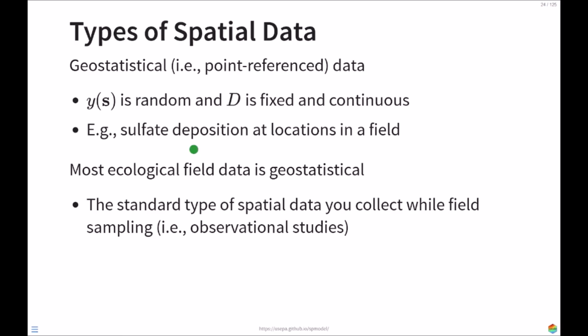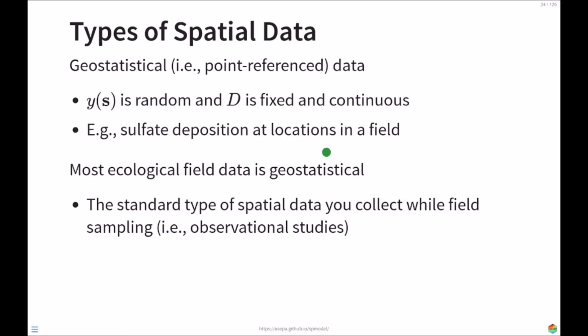Say we're measuring sulfate deposition at locations in some field. So the field would be our domain D, and then we know the locations at which we are going to be measuring sulfate, but theoretically we could measure it anywhere in the field. So we could pick any of the potentially infinite XY locations and measure sulfate there.